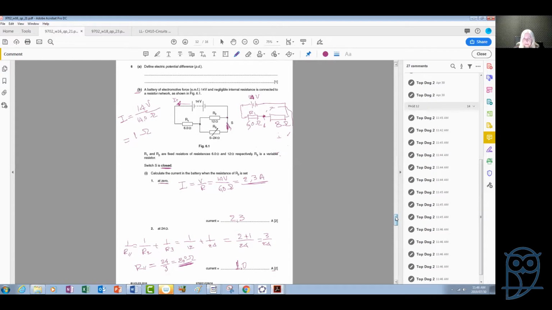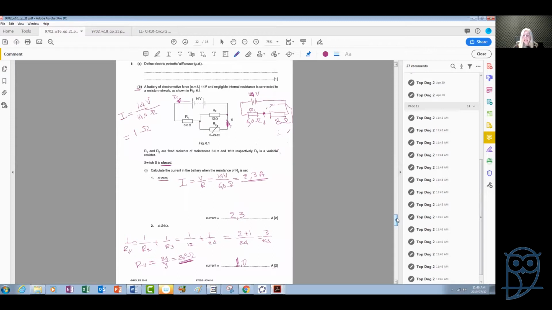What lessons do we get from this problem? Would we expect the current in the second case to be smaller than the current when this resistor was omitted from the circuit because it was short-circuited?